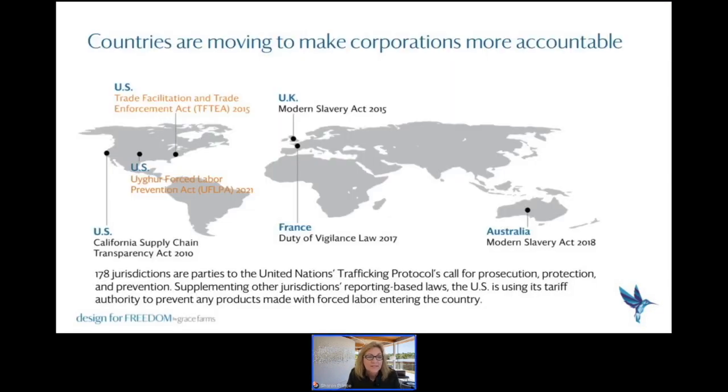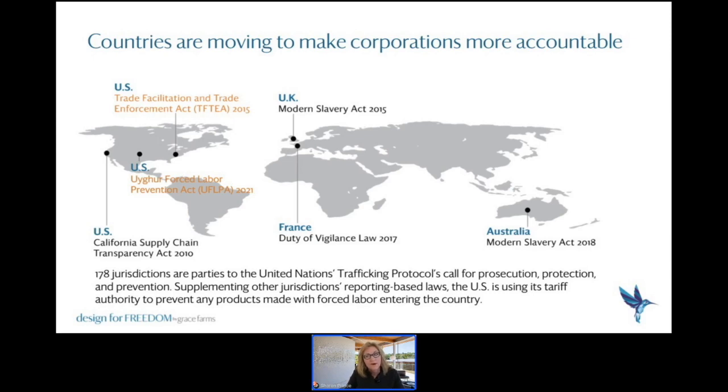You can see too that countries are moving to make corporations more accountable with modern day slavery acts. And the one thing to note is that the US has two trade laws that do have teeth: the Trade Facilitation and Enforcement Act, that prohibits all goods made with forced labor from entry into the United States, and also the Uyghur Forced Labor Protection Act that just went into effect in June.